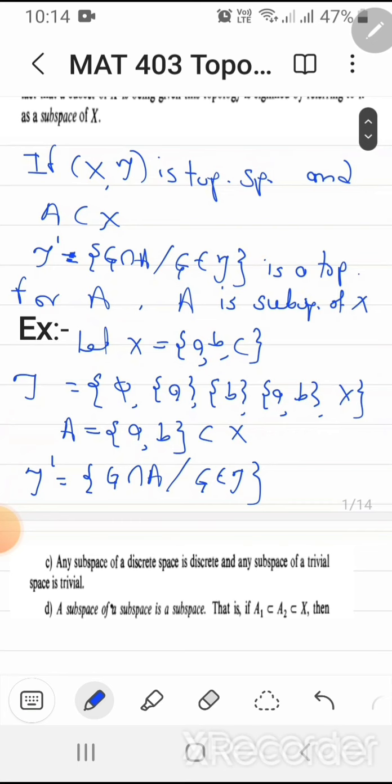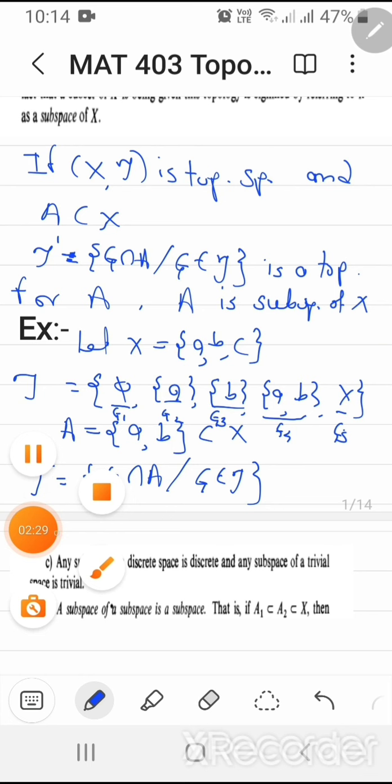For every element of tau, call it G1, G2, singleton set {b} is G3, 2-point set {a, b} is G4 and X is G5. For tau dash we have to find the intersection of each G with A.